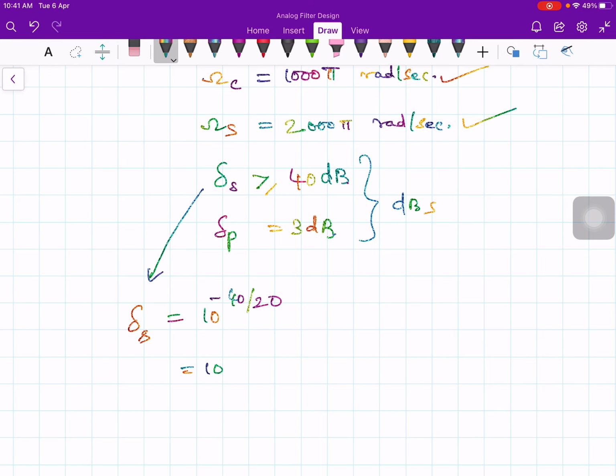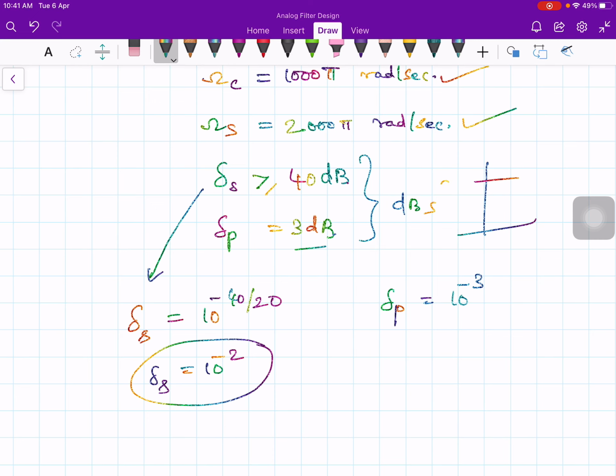So this is 10 to the minus 2, delta S. Okay, similarly delta P is equal to 10 to the minus 3, because the attenuations are negative, because the maximum value is 0 dB.